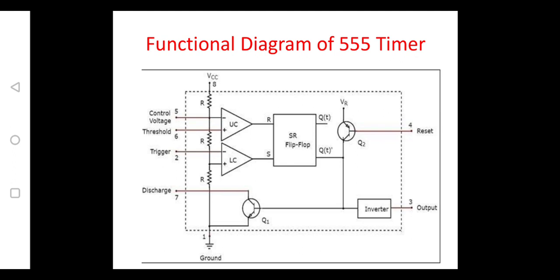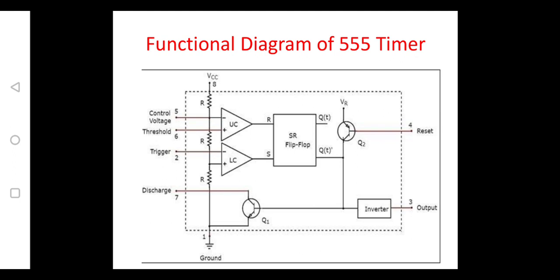for the upper comparator is 2 by 3 of VCC, because here there are 3 resistors, and by applying a potential divider network, the voltage across the upper comparator is 2 by 3 VCC and the lower comparator is 1 by 3 VCC.